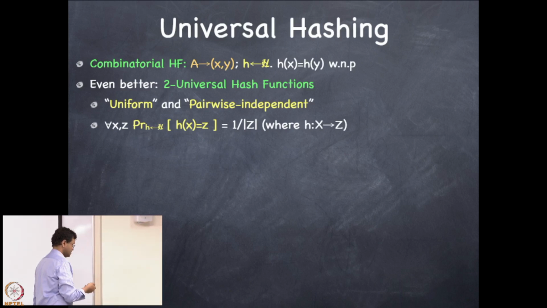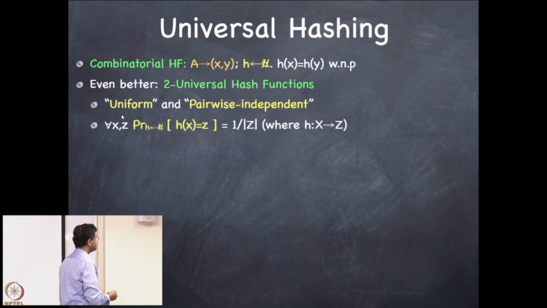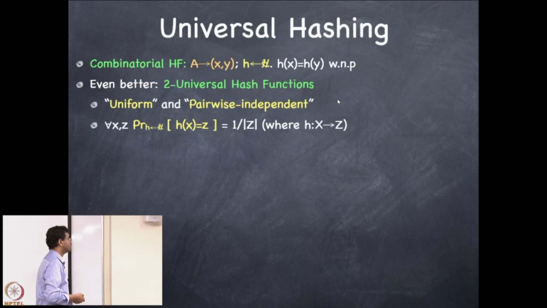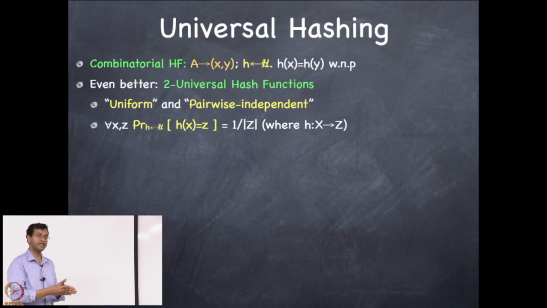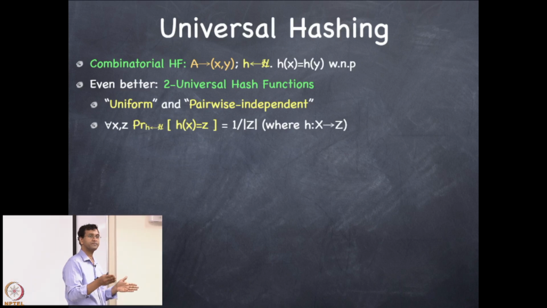So this is a notation for that, saying that for every possible input x and every possible output value z, the probability that h of x will be equal to that particular z is 1 over the size of the range. The range is called capital Z here. So it's just saying that picking a random h will result in a uniformly random output.